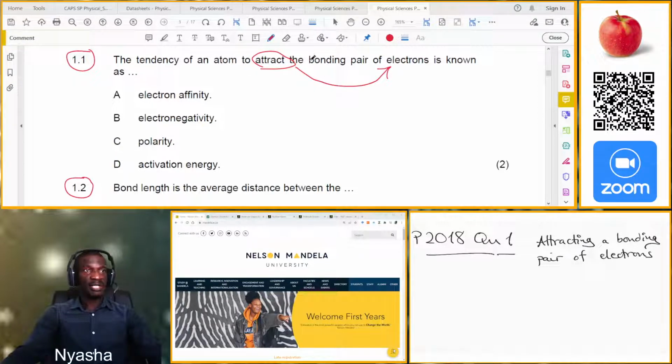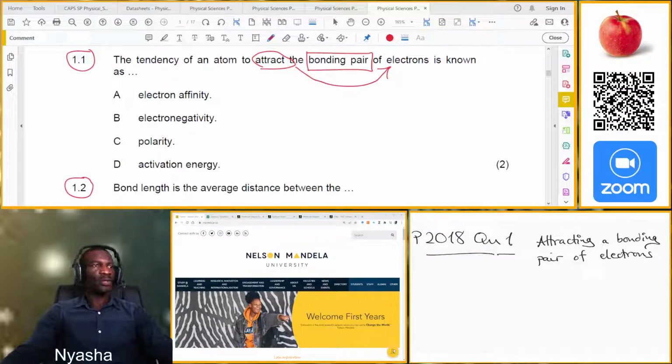But the electrons that we are attracting are for bonding. The electrons of interest are not just electrons, these are bonding electrons. So the criteria that you use to come up with this tendency must be based on chemical bonding.